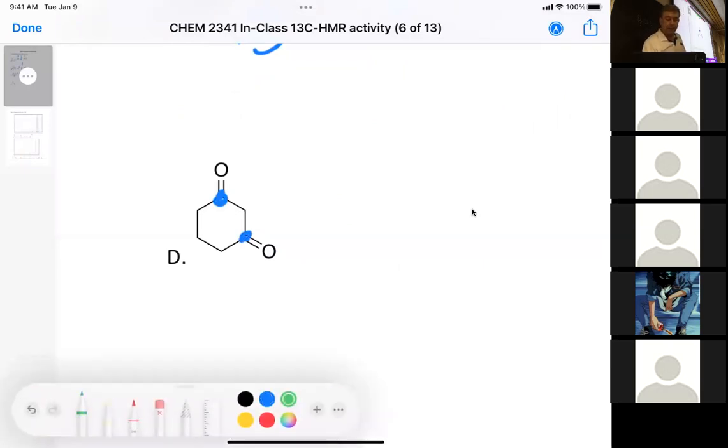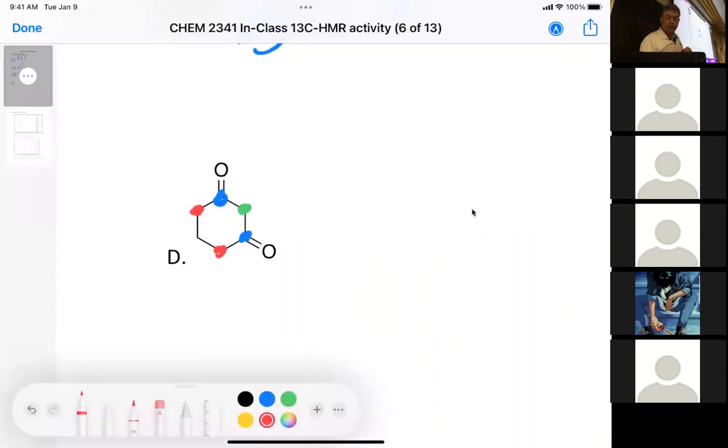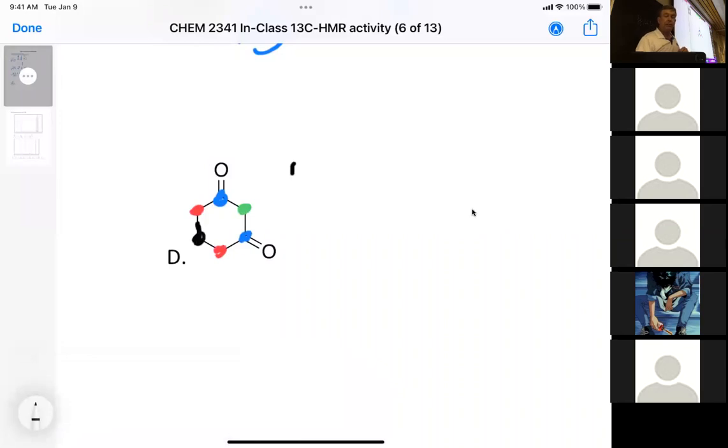And then this is a unique carbon. It's the only one that has 2 carbonyls bonding to it. We have these two that are the same, because if you follow around the circle, they're both the same. And that leaves our last one right here as a peak. So we have 4 peaks, okay?